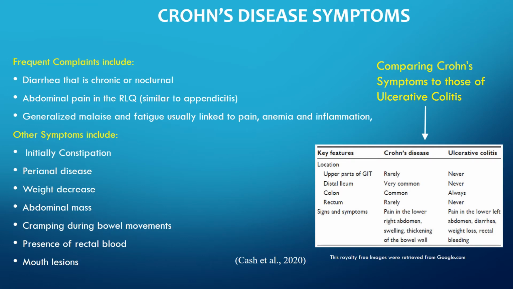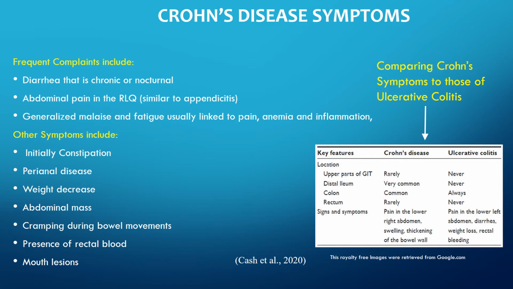Crohn's disease symptoms. Frequent complaints for Crohn's disease patients include diarrhea, which is chronic or nocturnal, and abdominal pain in the right lower quadrant, which is similar to appendicitis, generalized malaise and fatigue, usually linked to pain, anemia, and inflammation.